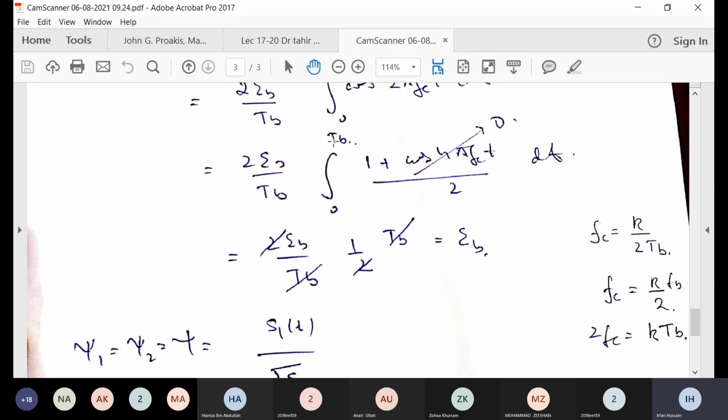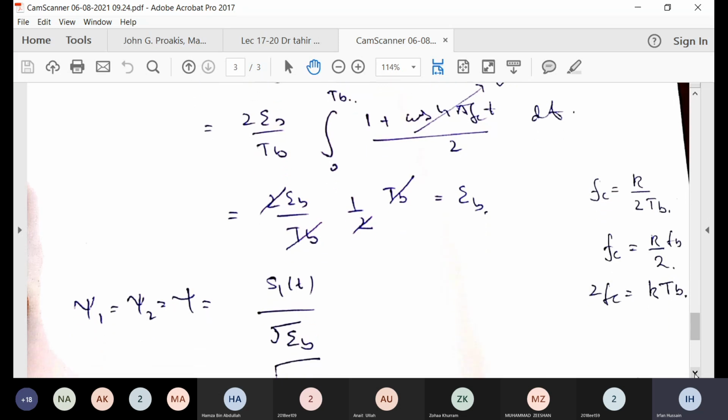Alright, so that is why this cos will go towards 0. Alright, and hence energy comes out to be EB.